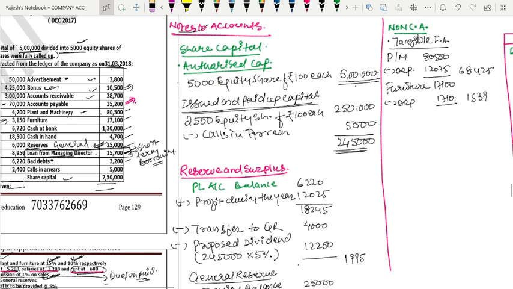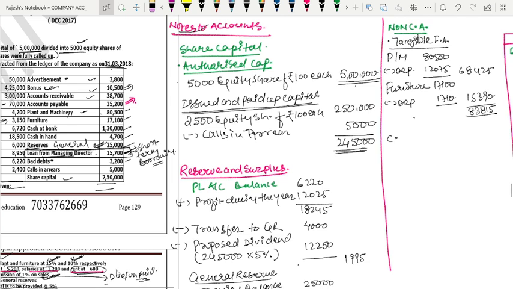That is 15,390. Total is 83,815. Okay. There are no intangible assets in this question.